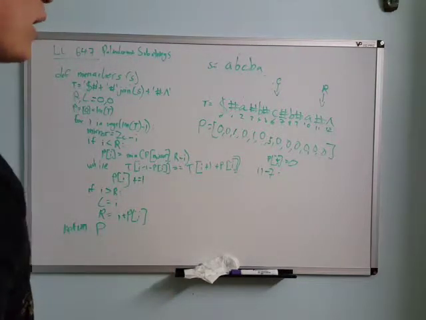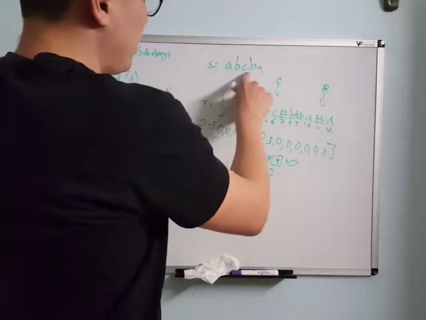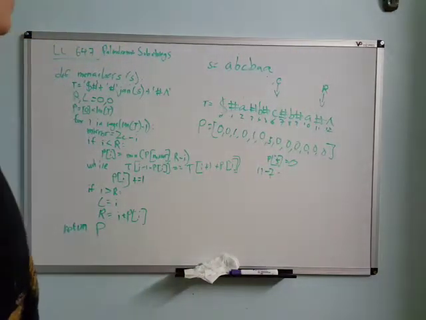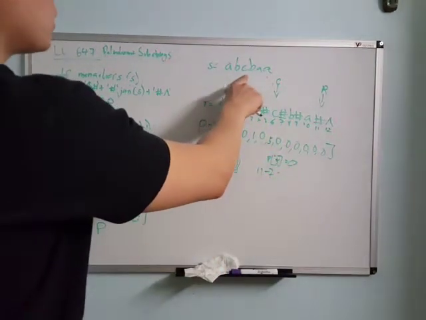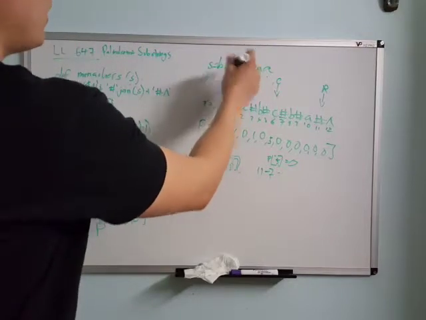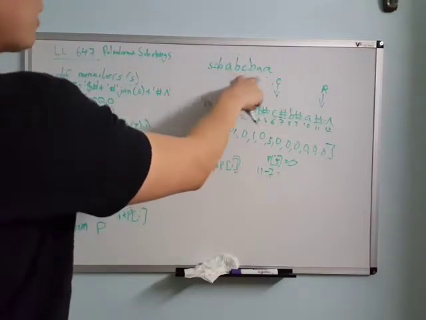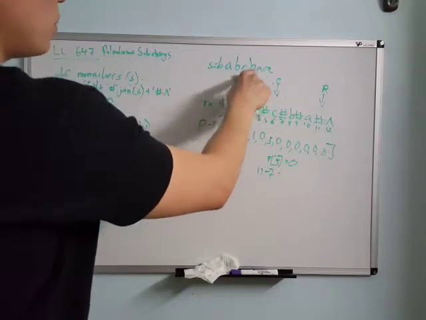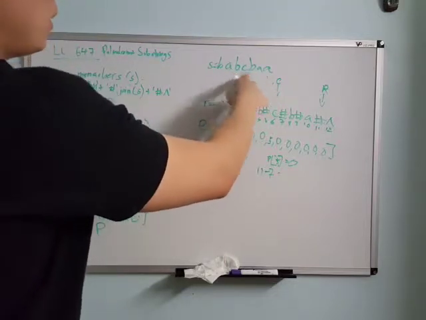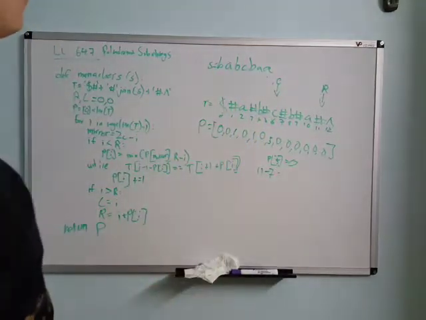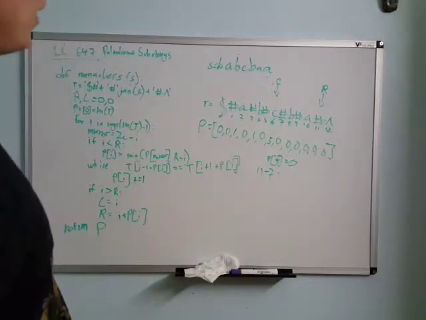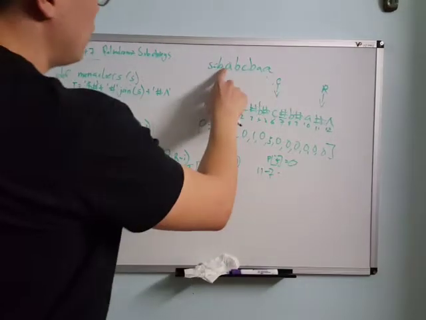I think it might be a case where it's something like CBA, and then you have something afterwards. Maybe, because you can't use the mirror. If you have something like this is your mirror, this B should be the same as this B, and this A should be the same as this A. But this A and this B are going to be different. I think it has something to do with that.